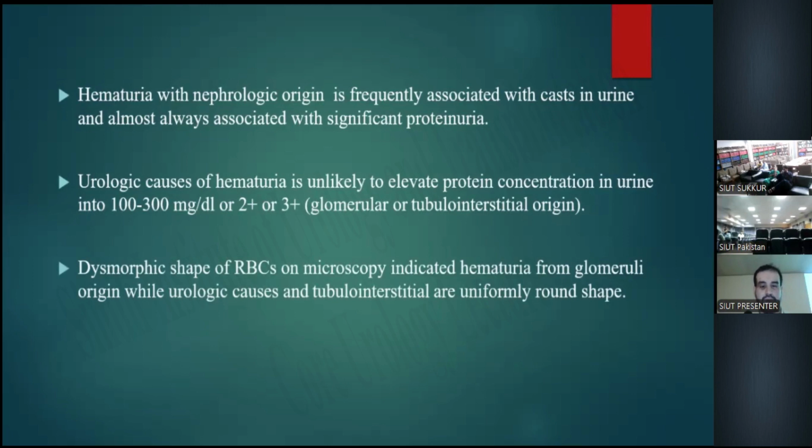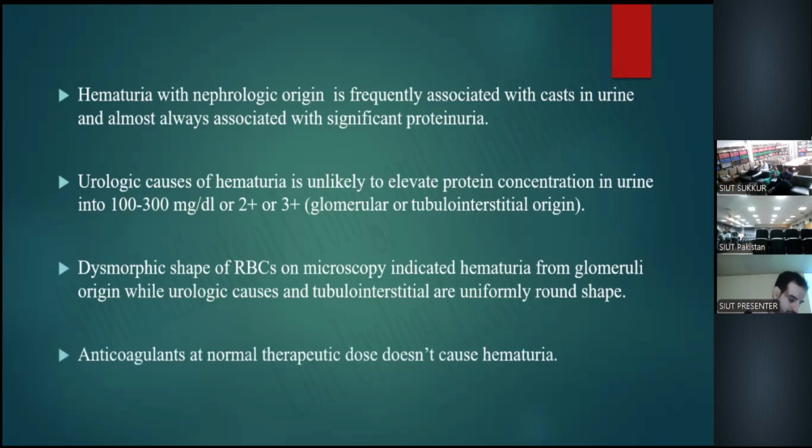There will also be dysmorphic shape of RBCs on microscopy, which indicates hematuria from glomerular origin, while urological causes and tubulointerstitial causes have uniformly round, normal-shaped RBCs. When there is a glomerular cause, the RBC becomes dysmorphic.